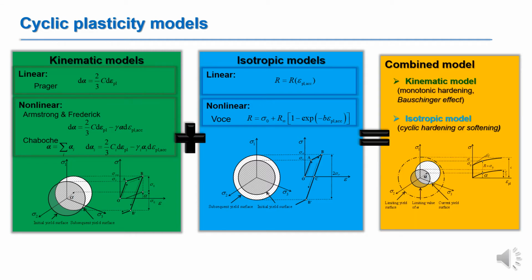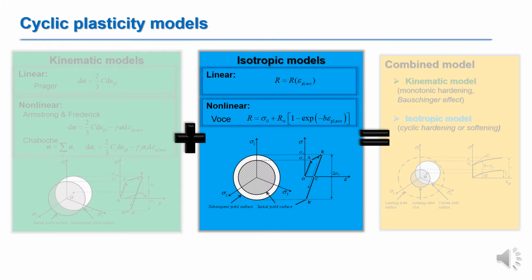Combining the kinematic model with the isotropic model allows us to capture simultaneously monotonic hardening and the Bauschinger effect with the kinematic model, and cyclic hardening or softening material behavior with the isotropic model. As I already said, the focus of this work is on the nonlinear isotropic model.